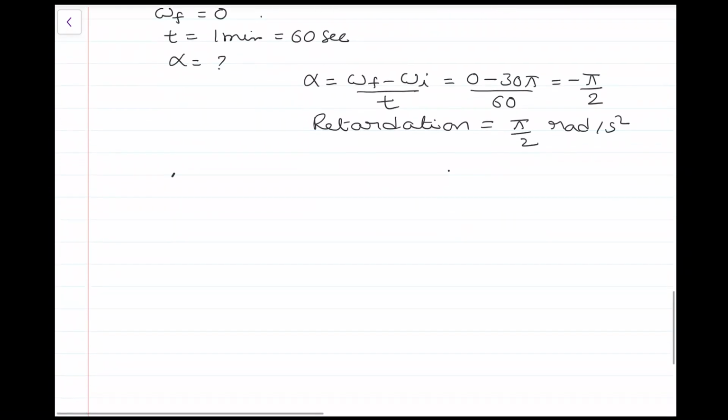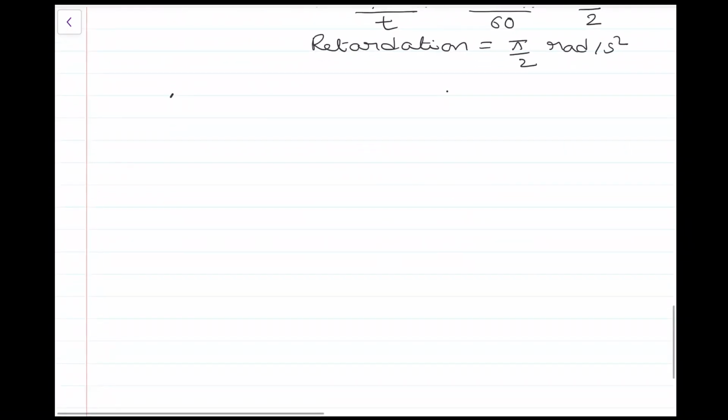Now, problem number 3. Starting from rest, a wheel rotates with a uniform angular acceleration of 2 pi radian per second square. So, the initial angular velocity is equal to 0 and alpha is given as 2 pi radian per second square.